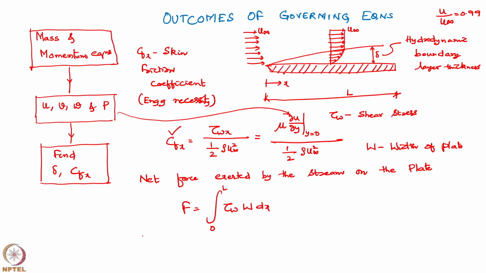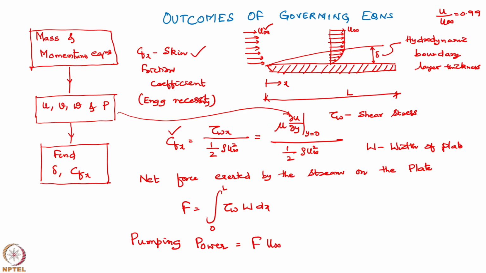Now, why do I need this drag force? You need the pumping power required for blowing the velocity u infinity, overcoming the skin friction. That is, pumping power is equal to drag force into velocity u infinity.